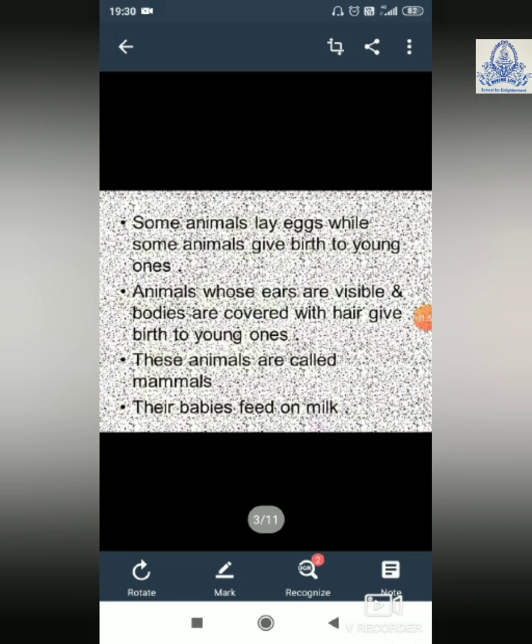That means animals whose ears we can see with naked eyes, and who have hairs on their skin, give birth to the young ones, and those animals feed their babies.